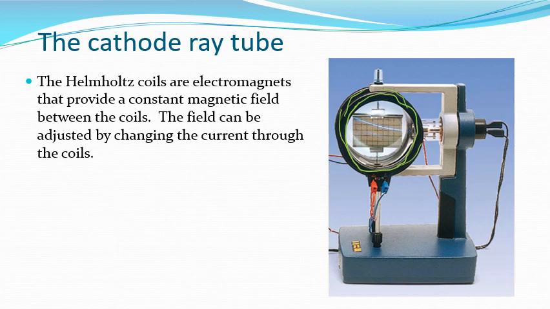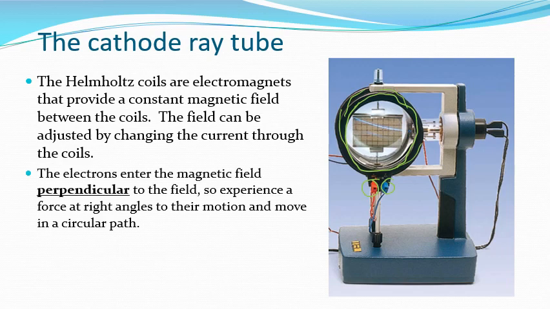And down here, we've got connections to those, and those go to a variable power supply, where we change the current flowing through these two coils of wire. There's one either side of the tube itself. The tube itself is sort of circular, spherical in shape, and one fits one side and one fits the other side, and between those two there's a uniform magnetic field. That's how they're connected to get that situation.